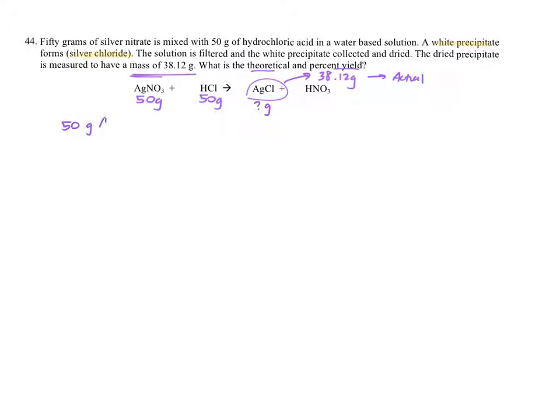So we're going to start by finding the limiting reactant because I'm given 2 gram amounts in the reactants. So I'm taking those grams and I'm just turning them to moles. That's my first step. So I'm dividing by their molar masses, and I'm getting mole amounts.